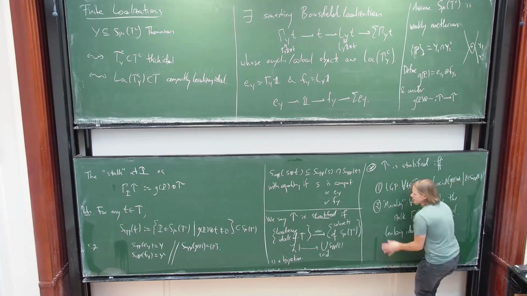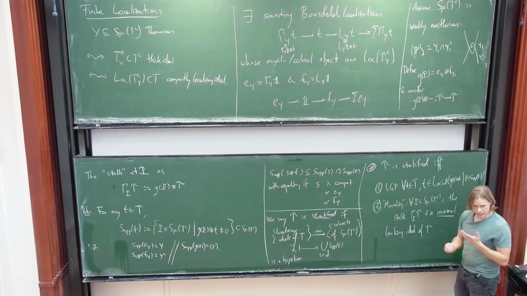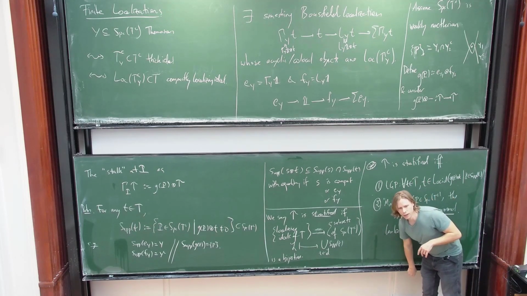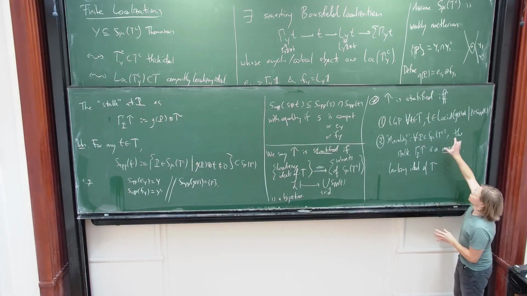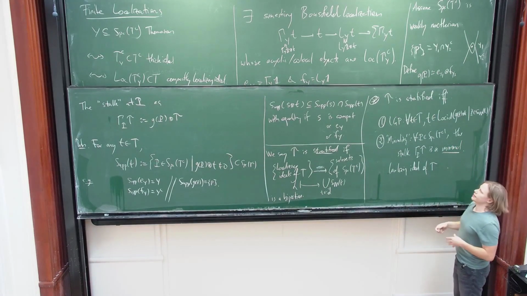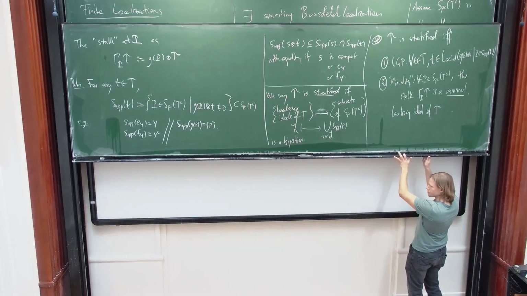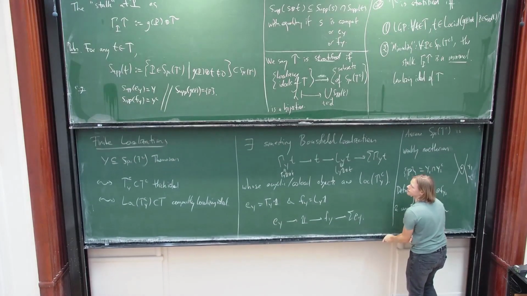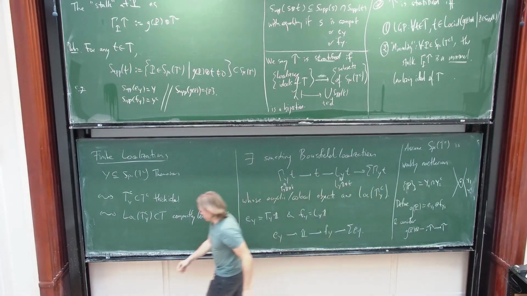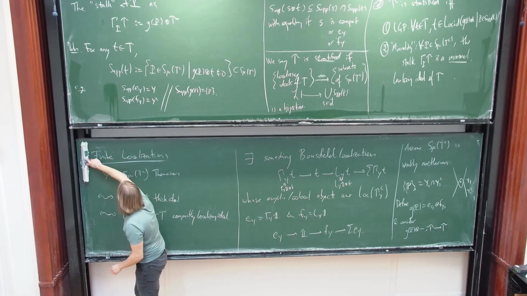Okay, and so these properties, this is coming from the work of Benson, Iyengar, and Krause, and also Barthel, Heard, and Sanders, kind of isolating these two properties as really the heart of what's going on. And so, a couple more things to say about that.